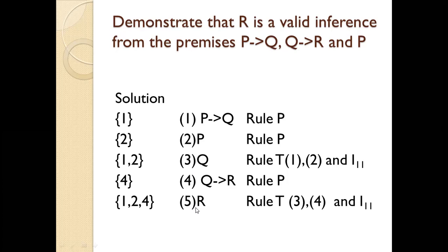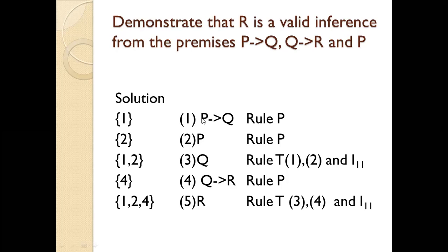Within these 5 statements we arrive at the validation of R. This is the third way through which you can check the validity of the argument in propositional calculus. एक तरीका हमने ट्रुथ टेबल बनाया था, दूसरा तरीका हमने ट्रुथ टेबल से ट्रुथनेस की वैल्यू ली थी, और ये तीसरा तरीका है जिससे हम रूल्स अप्लाई कर रहे हैं, जिससे हम चेक कर रहे हैं कि whether the argument is a valid inference or not.